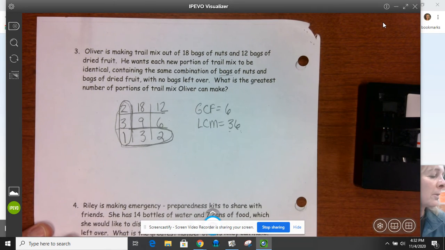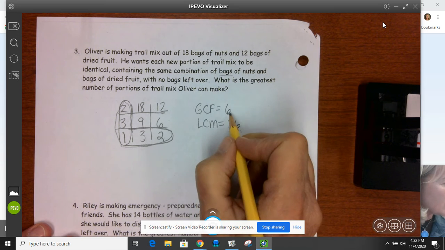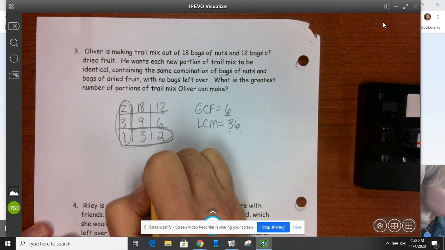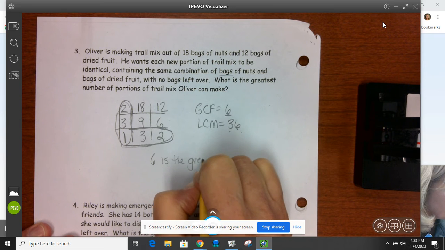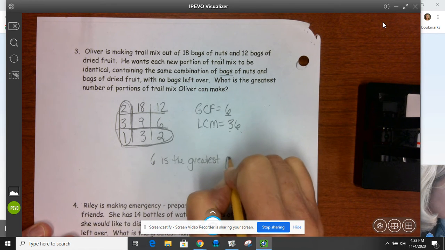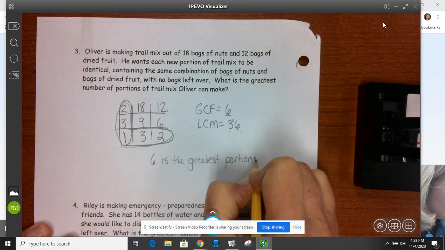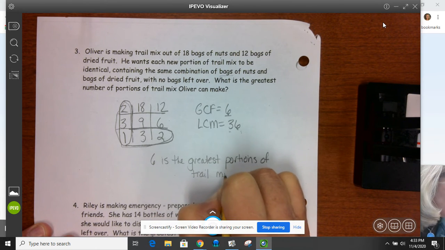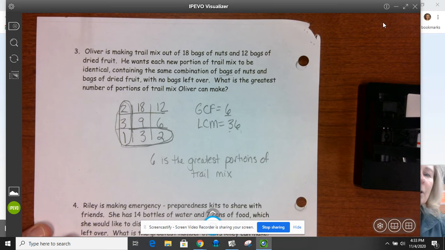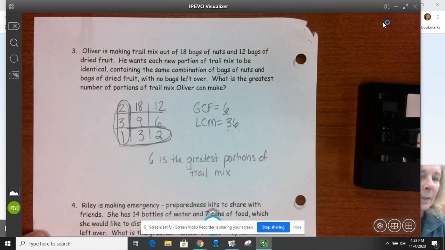There's no way you can make 36 out of them. So your answer has to be 6. 6 is the greatest portions of trail mix. This is just very similar to the pens and pencil activity we did in class.